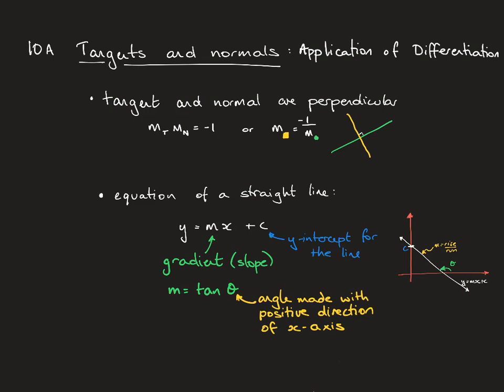We also know for a straight line that the angle that the straight line makes with the positive direction of the x-axis, so coming from this direction, is tan of theta. And theta is the angle there.